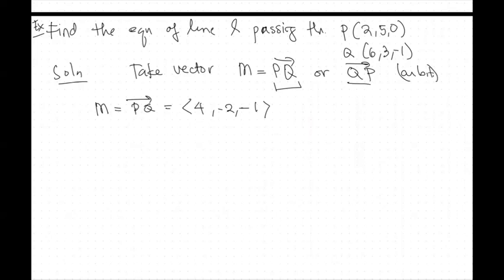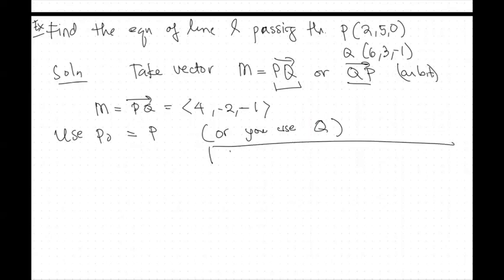Suppose we chose this. And then we can also use our arbitrary choice for P0. Then we can use P0 equal to say P, or we can use Q. But I will set a convention here.